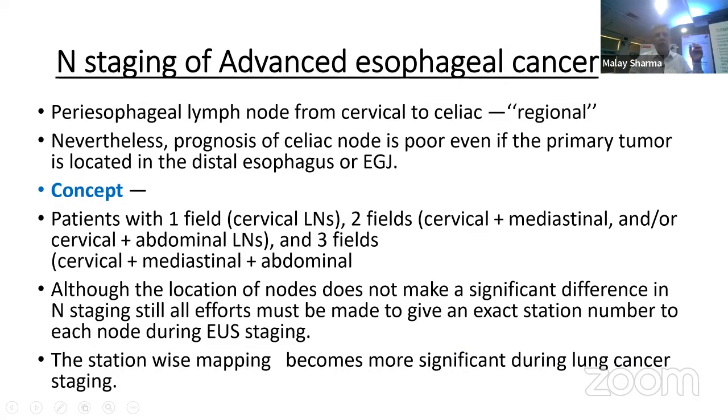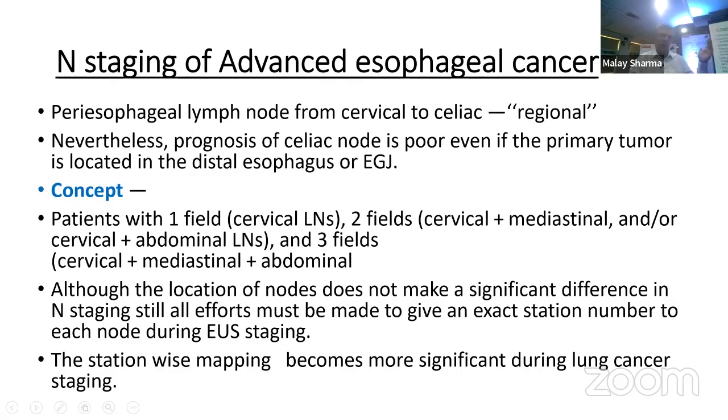And prognosis of celiac lymph node is poor. Once upon a time when there were celiac nodes, it was considered that in an esophageal cancer you cannot operate. Then the field operation came. One field is regional cervical lymph node, 2 field is cervical and mediastinal lymph node, or 3 field: cervical field, mediastinal field, abdominal field. The 3 field concept is there.